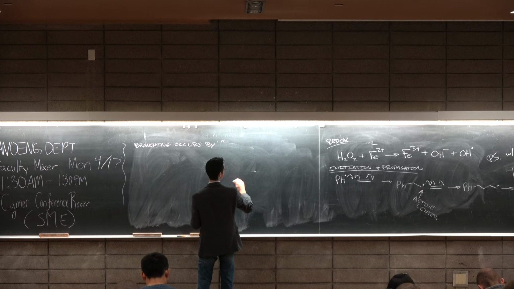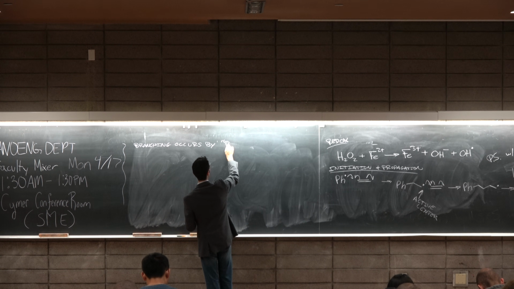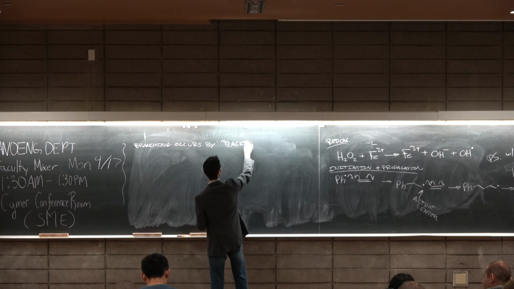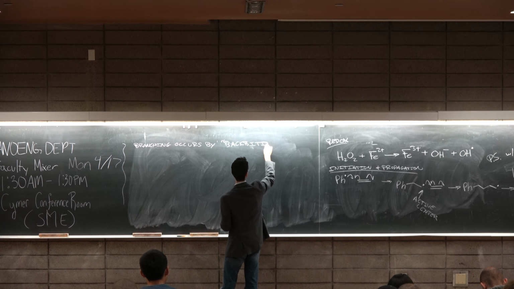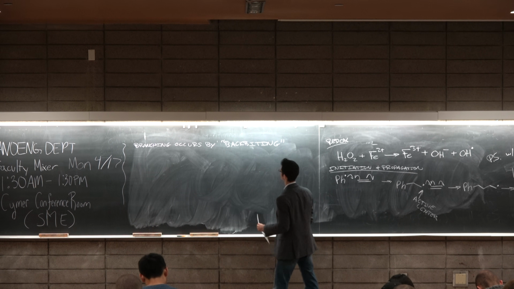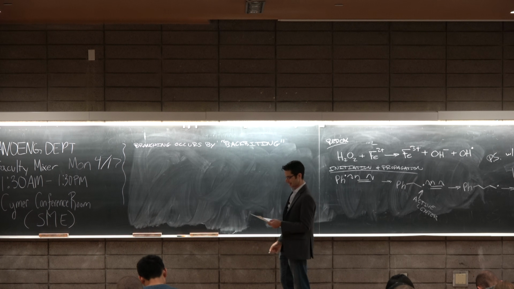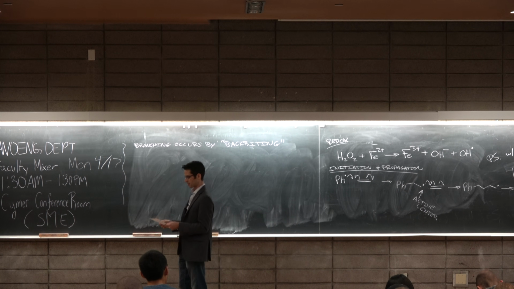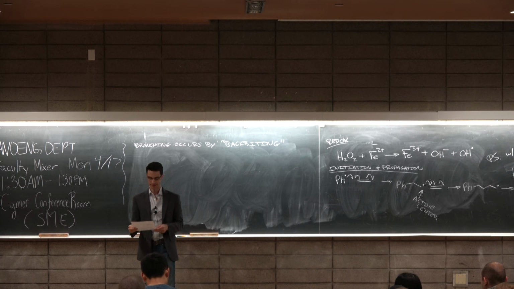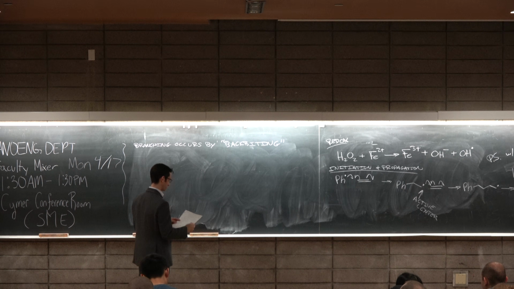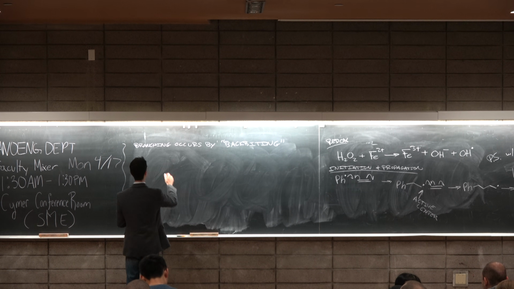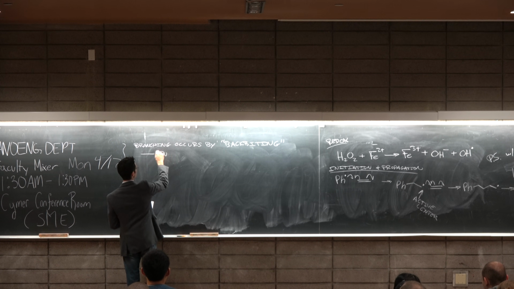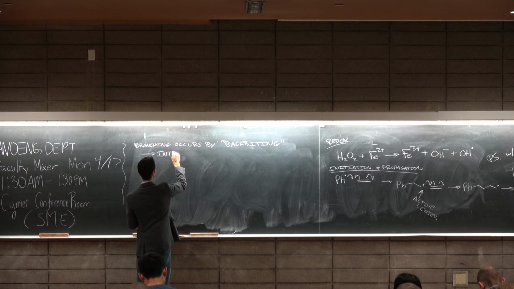So this, believe it or not, is called backbiting, because the people that came up with this term did not anticipate the sense of humor of people in the 21st century. And this is intramolecular hydrogen abstraction.